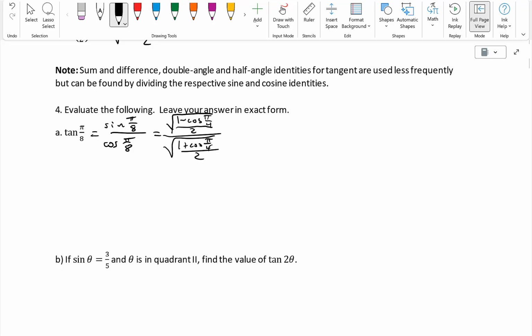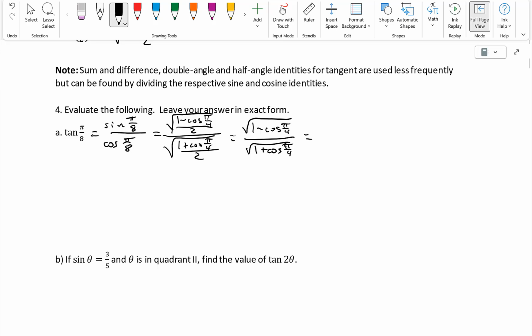When we do divide these, we end up again with just numerator over numerator. You can do the multiply by the reciprocal if you want, but we get the square root of 1 minus cosine pi over 4 over the square root of 1 plus cosine of pi over 4. From our exponent rules, we know we can put those together, but this is going to look funky kind of no matter how we do it, so let's just leave it like that for a sec.